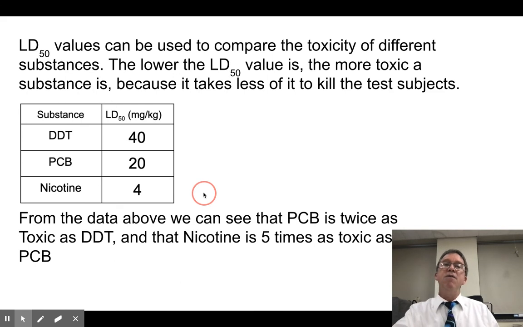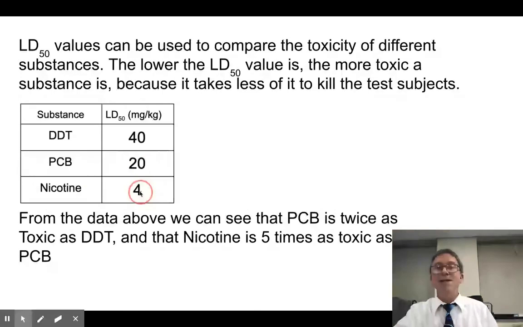Now, from this we could say, remember, 40 means it took 40 milligrams of this to kill 50% of the subjects, but it only took 20 of this. You've got to remember, the lower the number, the less it takes to kill, the more toxic it is. So from this data, I would assume that PCB is twice as toxic as DDT because it took half as much to kill.